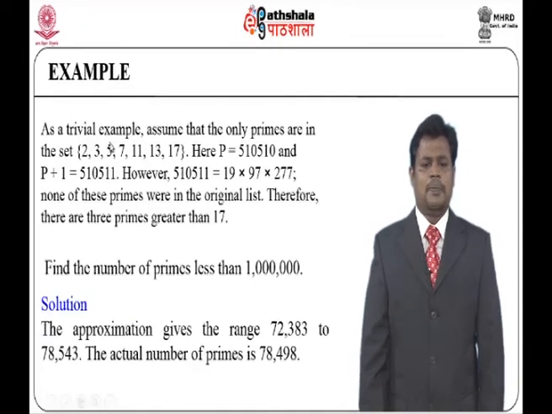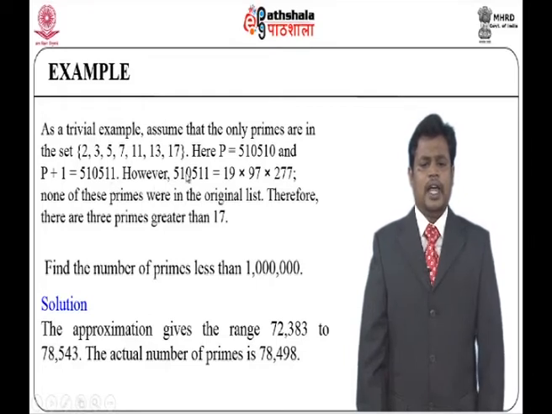Let us see this example of how there will be infinitely many prime numbers. Suppose I take a set containing only the primes 2, 3, 5, 7, 11, 13, 17. If I take a particular product p, 510, then p plus 1 is 511.